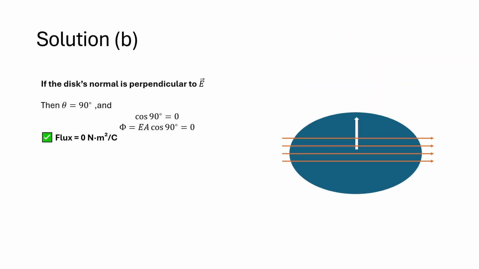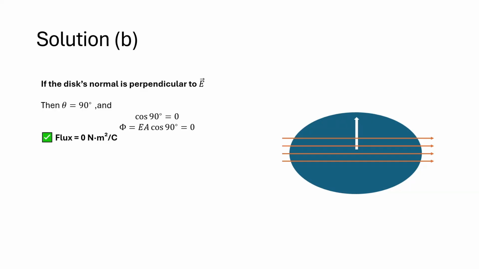Now, in letter B, what is mentioned is that the surface area is parallel to the electric field lines, or the normal is perpendicular. If the normal is perpendicular to the electric field, understand that the surface area of the disk in that condition is parallel with the direction of the electric field lines.